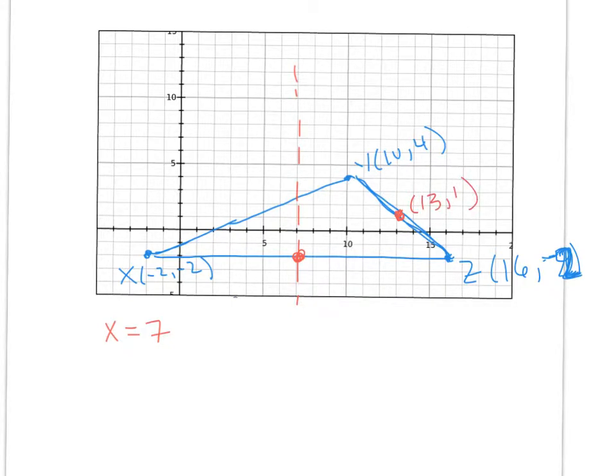And if we're going to be perpendicular to YZ, we first need to know the slope of YZ. Well, the slope of YZ looks like it goes down 3 over 3 or down 6 over 6, either way. That slope is -1. So the perpendicular slope will be +1.